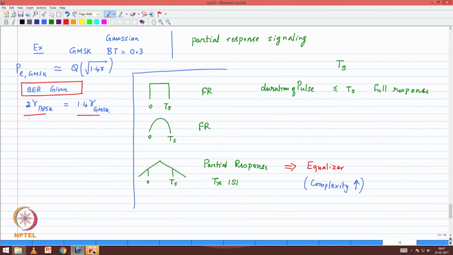This clearly tells me that gamma GMSK is higher than gamma BPSK, that is, gamma BPSK plus 1.55 dB. So it is slightly worse than BPSK, but it is better than the non-coherent schemes. Therefore, this is a useful candidate, especially because the spectrum is very compact.